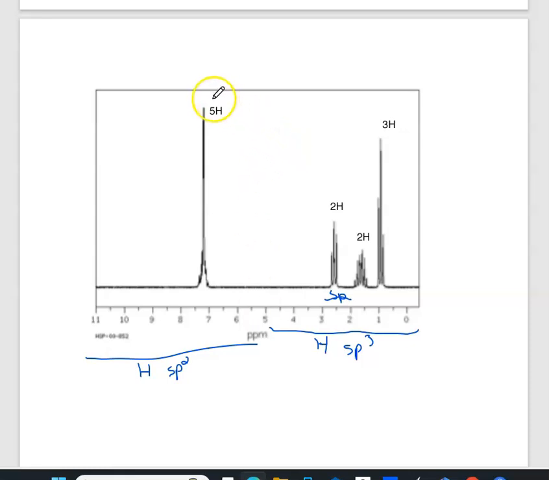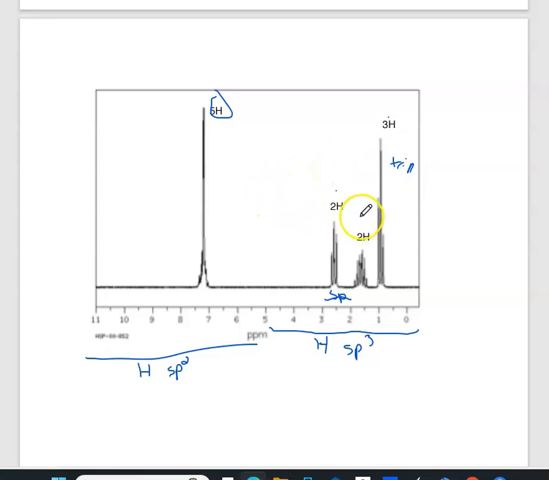The integration values are given, so we have 5H here, 2H, 2H, 3H. The multiplicity tells us how many neighboring carbons we have. Right here we have a triplet, so we're going to have 2 neighboring hydrogens.